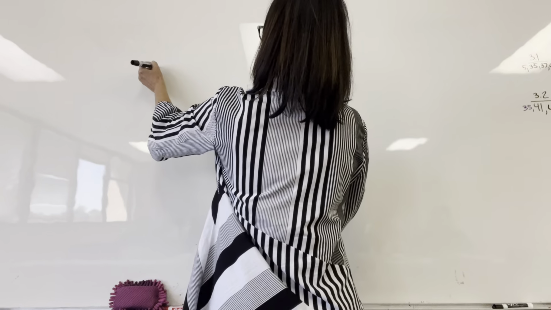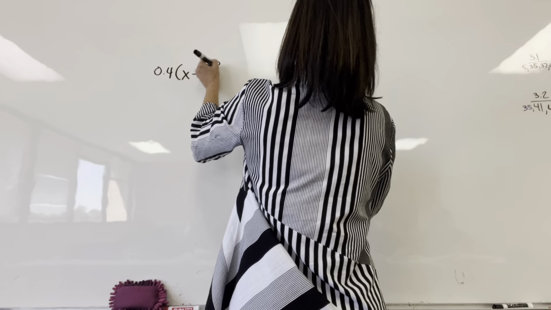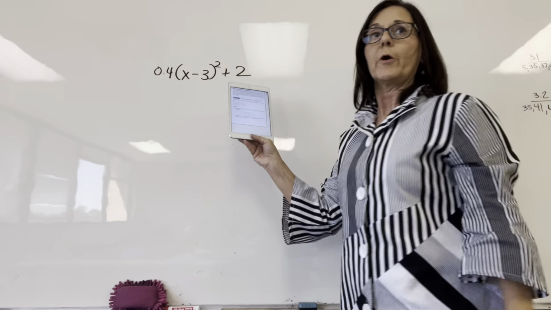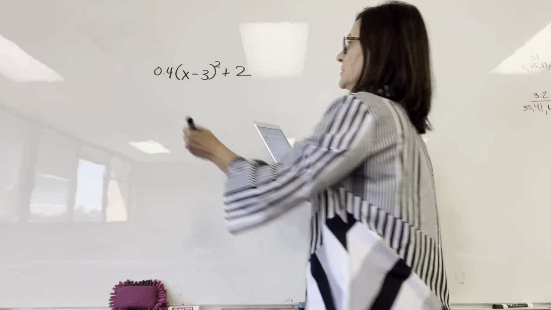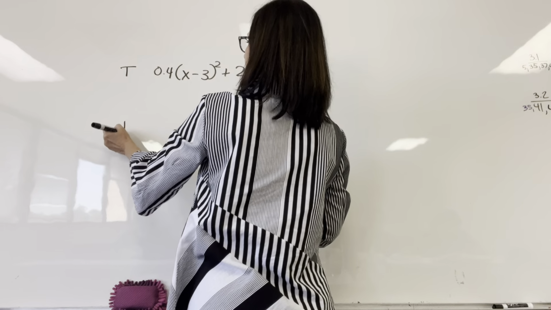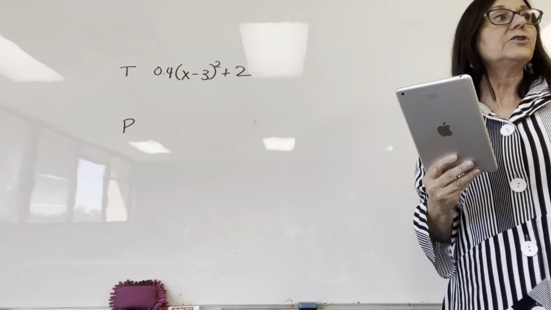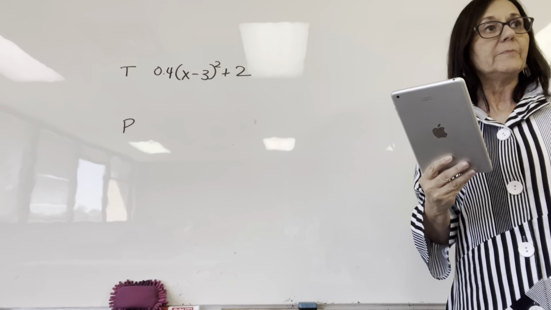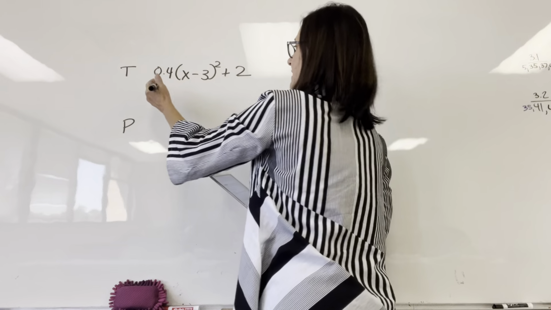All right, so A is 0.4 times (x minus 3) squared plus 2. What form is this? Transformational. Let's go to polynomial. I'm just going to do the math. I'm going to distribute and simplify. First, I'm going to work inside the parentheses.